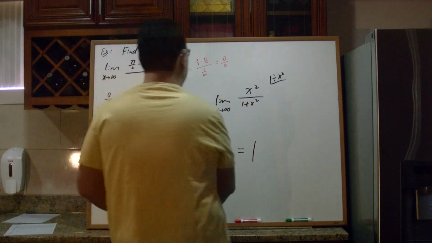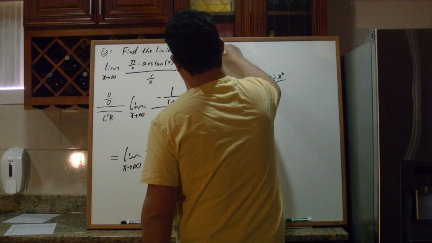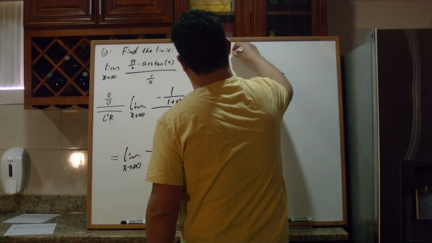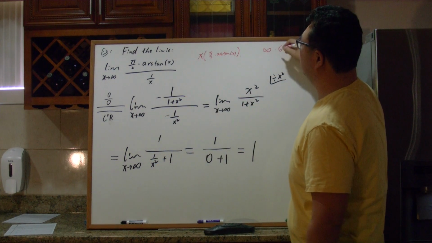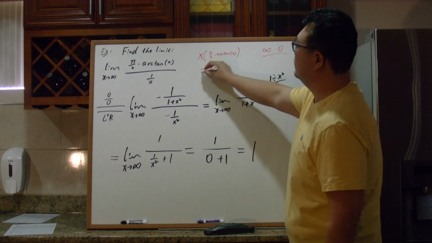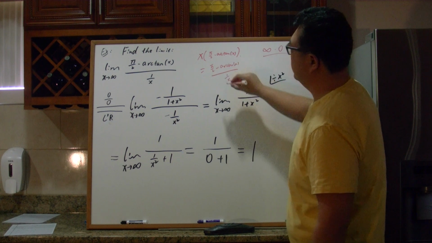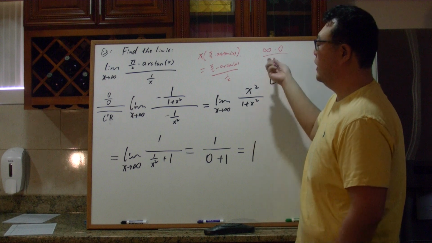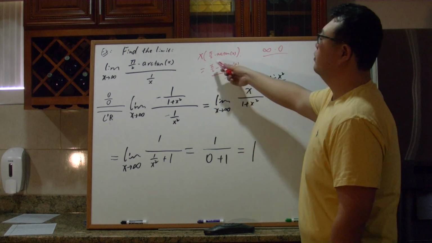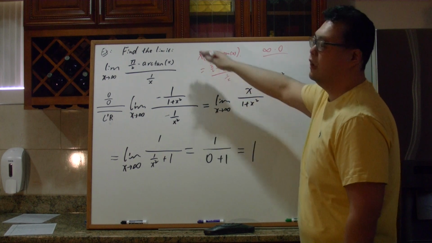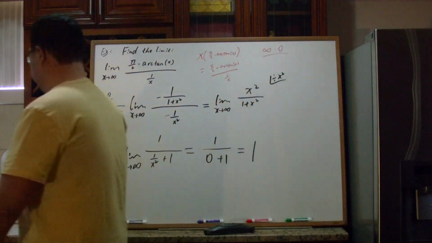If the question itself changed to something like x times pi over 2 minus arctangent of x, that is the format of infinity times 0, and you can flip the x down into the denominator. As I mentioned before, for the infinity times 0 format, we can flip one of the simpler factors to the denominator, which leaves us a fraction and makes the question doable in that case.